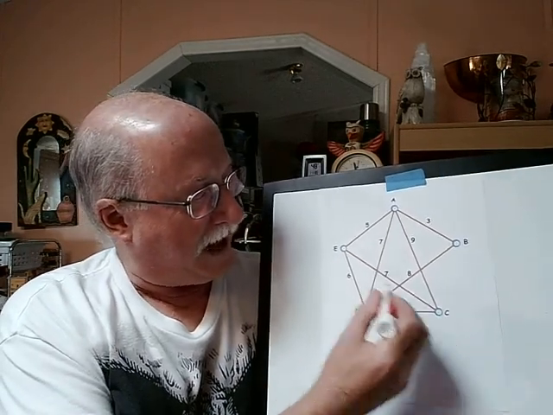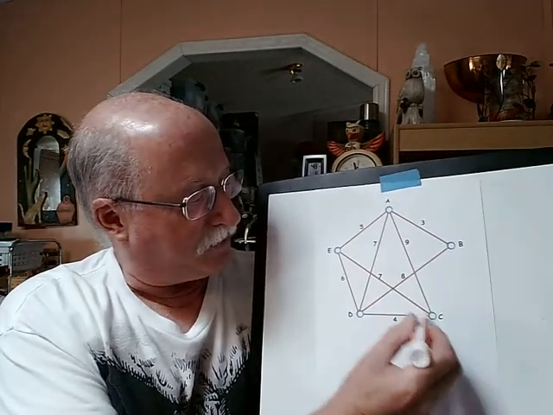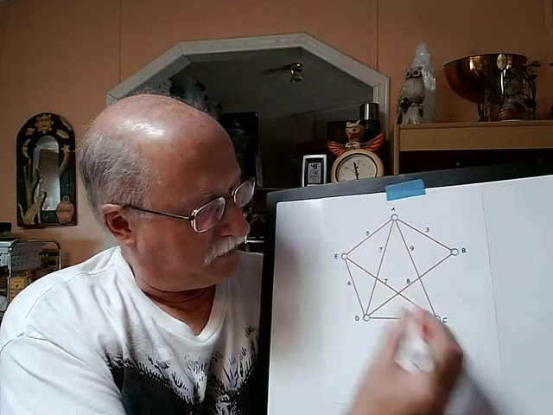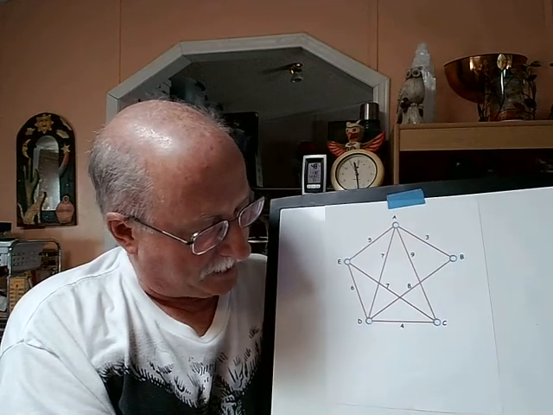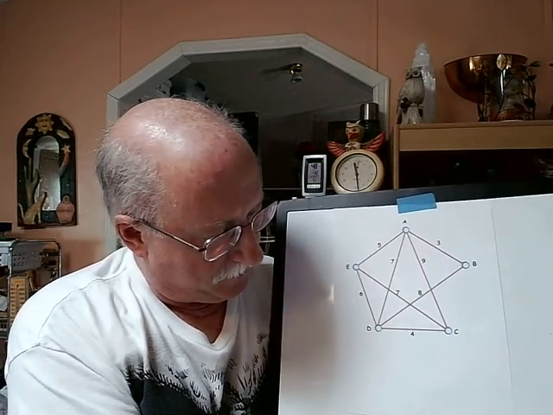From C, I have to make my way back to A. So no, I would never do that anyway. So C to E is a 7. And then E takes me back to A, and that's a 5.